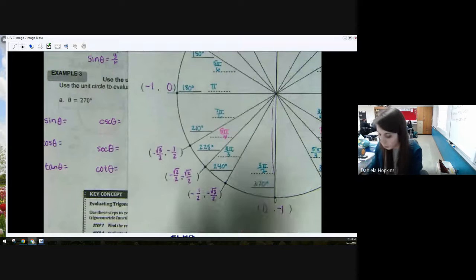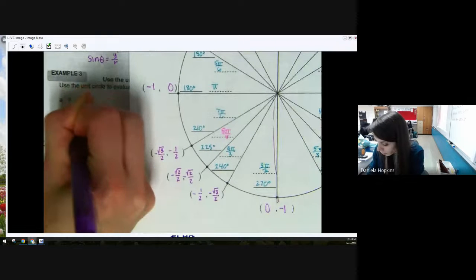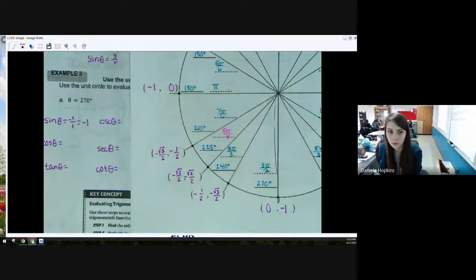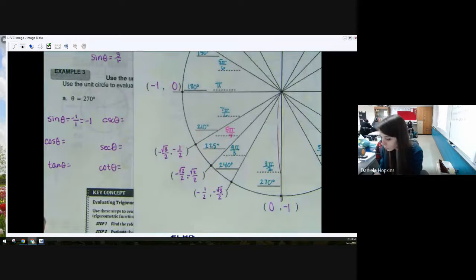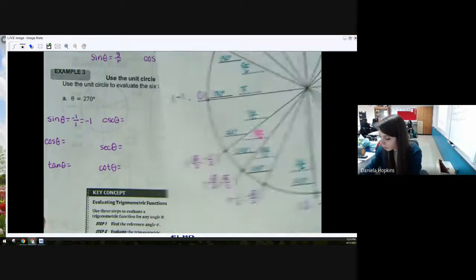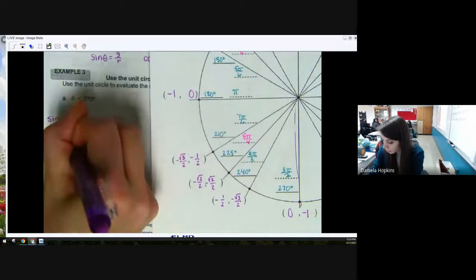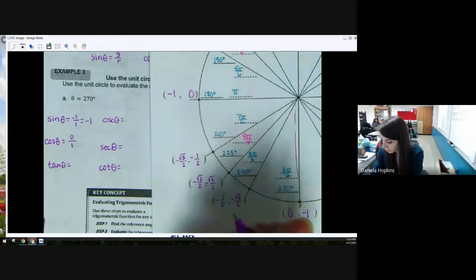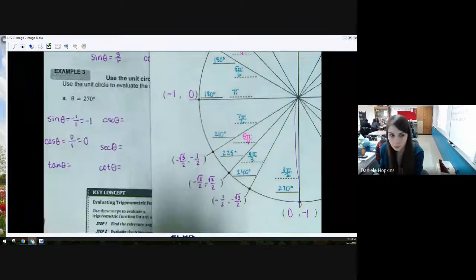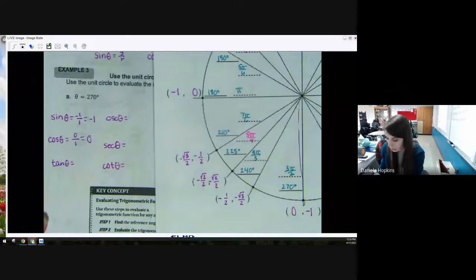So it'd be -1 over 1, which is just -1. Cosine is equal to x over r. So it'd be 0 over 1, which is 0. What about tangent? What happens with my tangent?